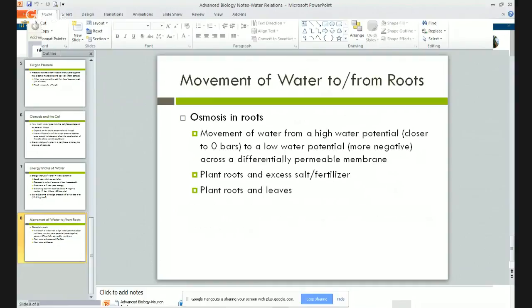It's kind of confusing when you're talking about this high and low stuff. But this is the direction everything's going to move. Again, it's going to be across a semi-permeable membrane. With your roots, it's going to be moving across those root cells.